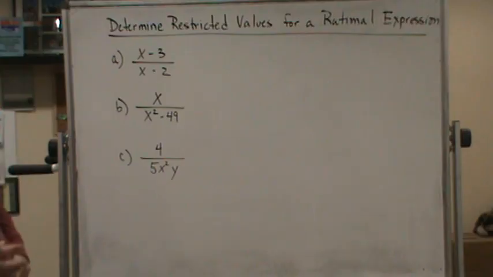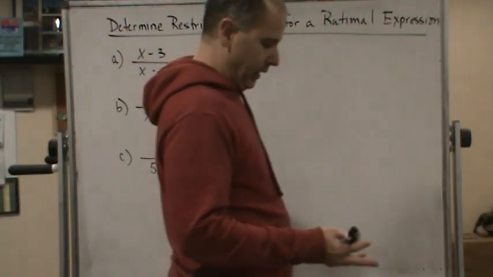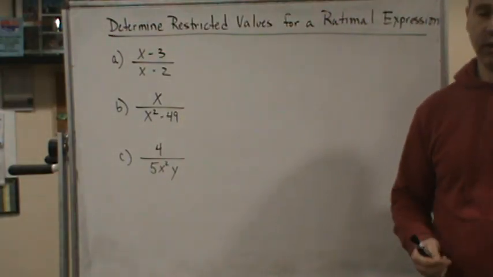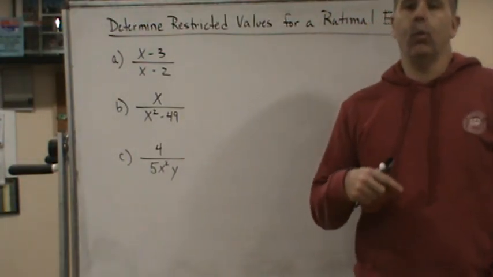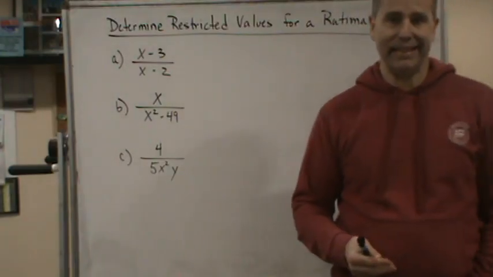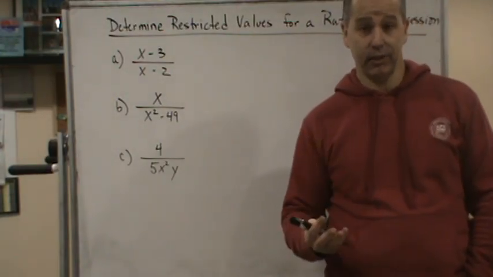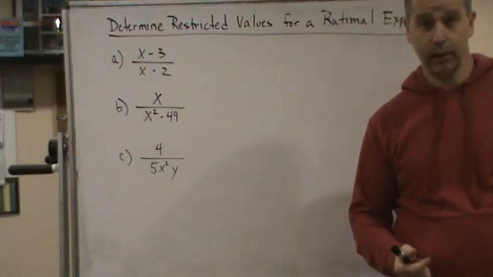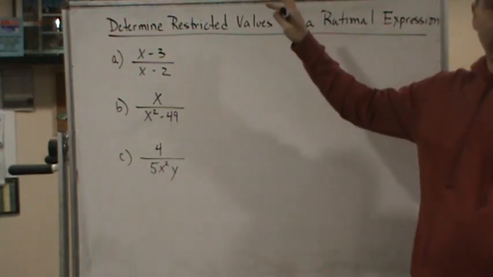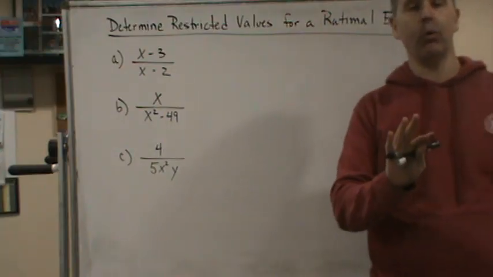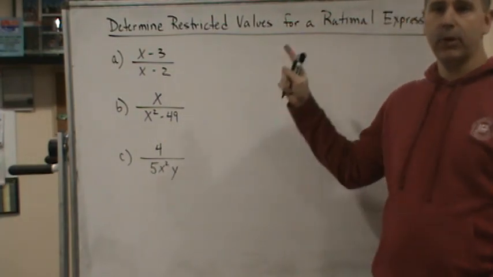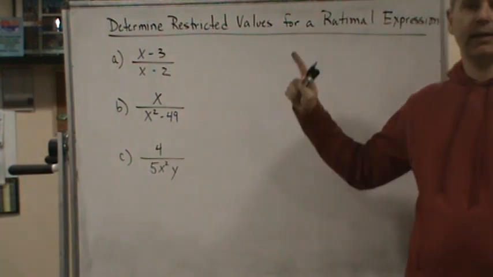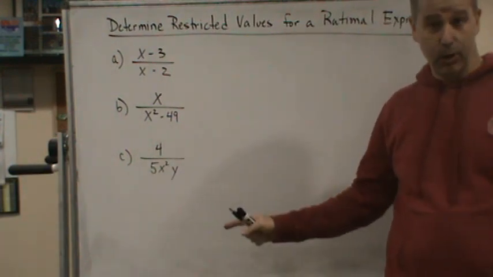Now, when we're talking about restricted values and rational expressions, remember, the thing you focus on is the fact that whenever you have a fraction, you cannot have 0 in the denominator. So when it comes to evaluating what's restricted, what we're talking about is what values of the variables will make the denominator 0.